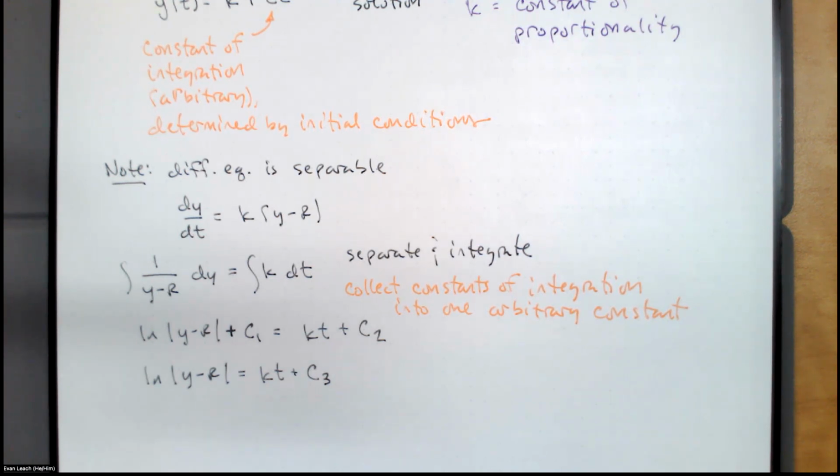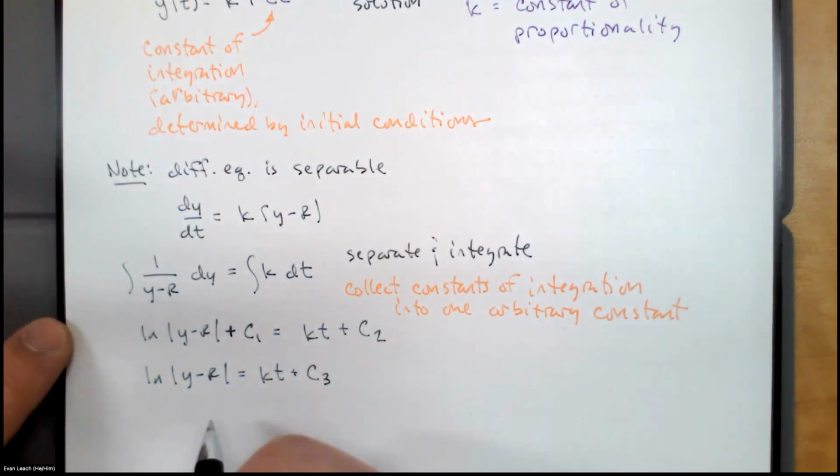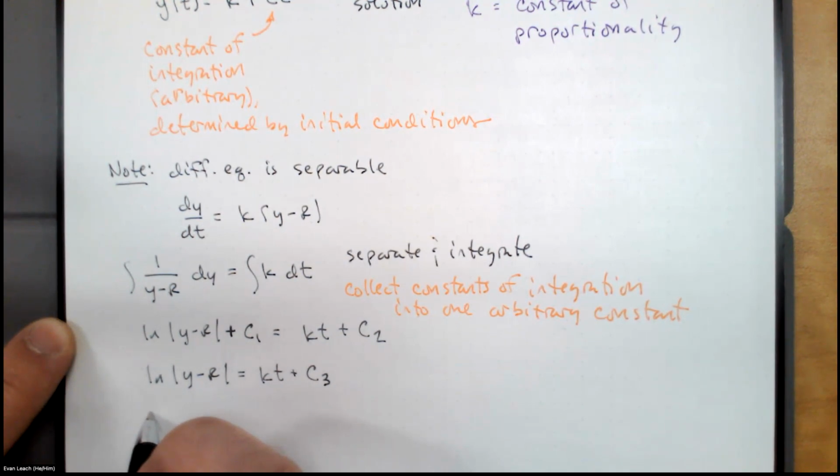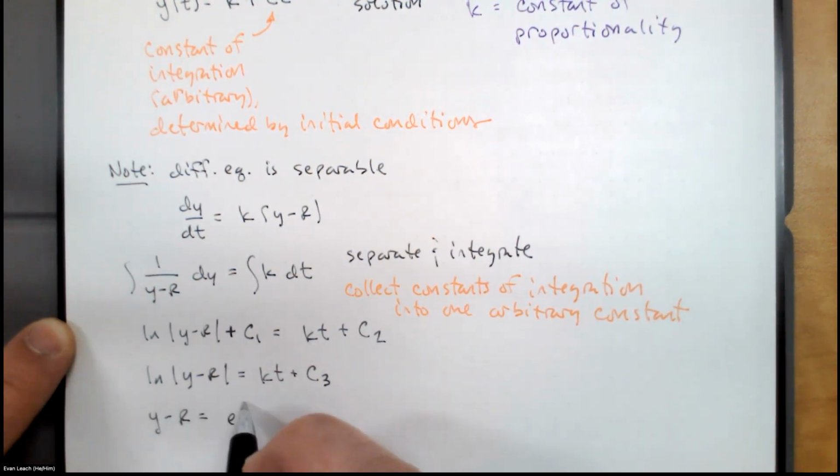After we separate and integrate, if it's appropriate, we can try solving for y. Since the natural log of y minus R is kt plus C3, that means that y minus R is e to the kt plus C3.